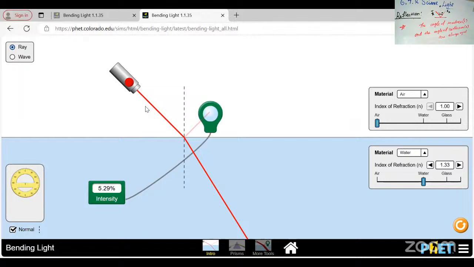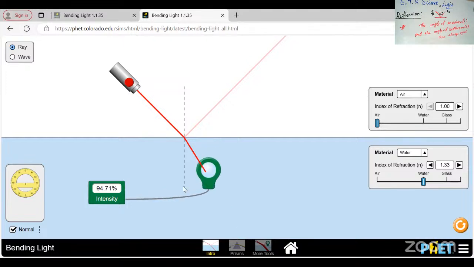So in the air medium, the reflected intensity is very low. In the water medium, wow, 94.71. So the intensity varies from one medium to another.